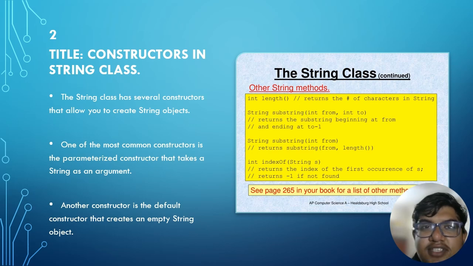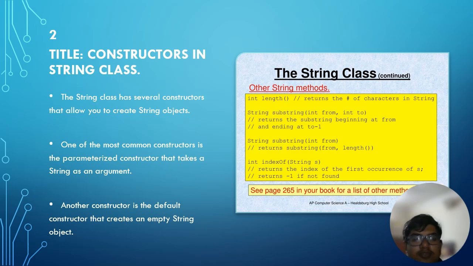That constructor can be called automatically, so you don't need to do anything special. If you just call the class, it will automatically call the constructor and work it out. If it is a default constructor, you don't need to do much. It will work on its own. So it has multiple constructors, which you'll see now.